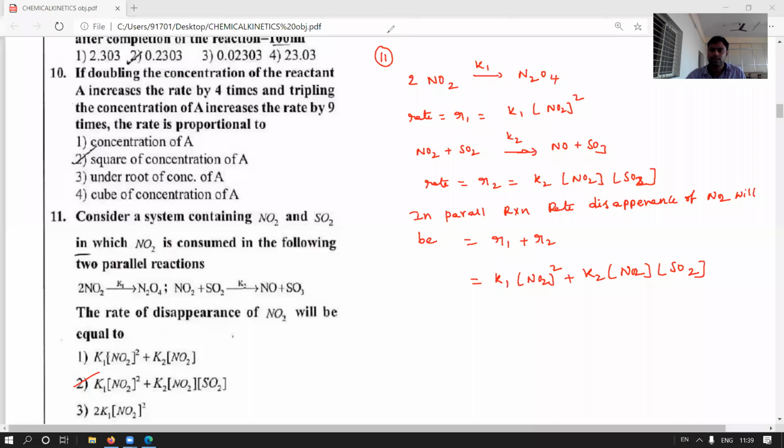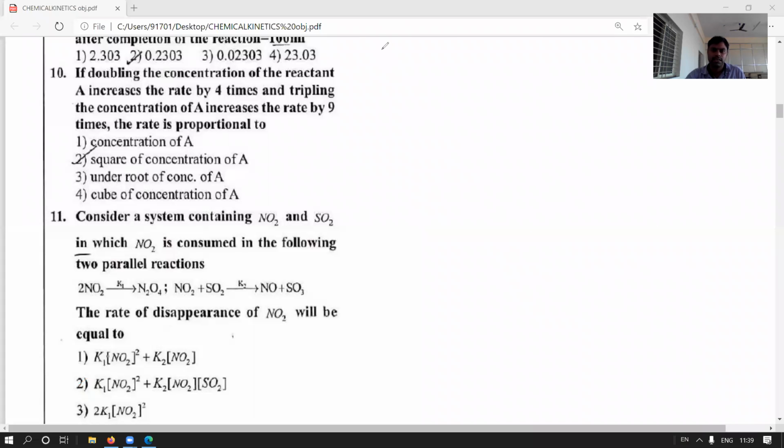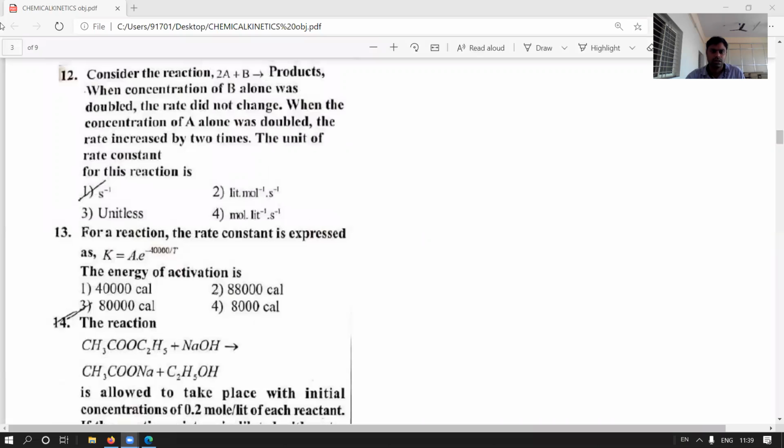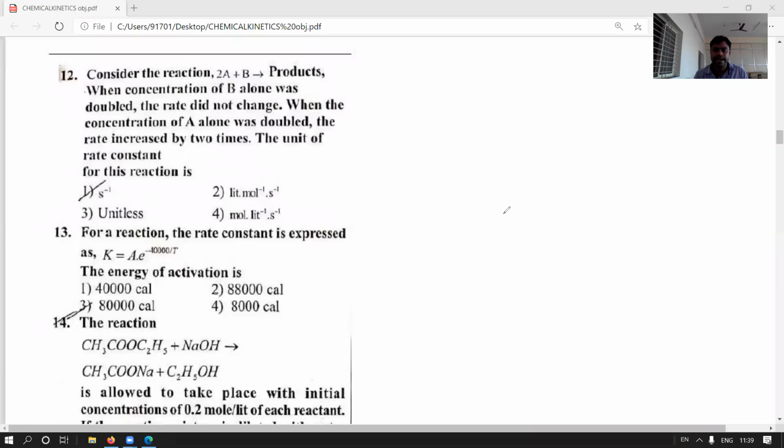Okay, understand? Let's see the next question, the 12th one. It's very easy. Consider a reaction: 2A plus B is converted into products.